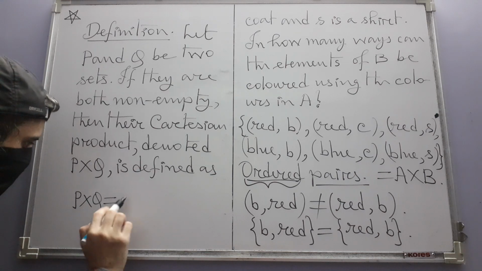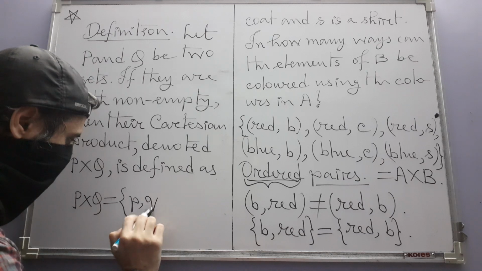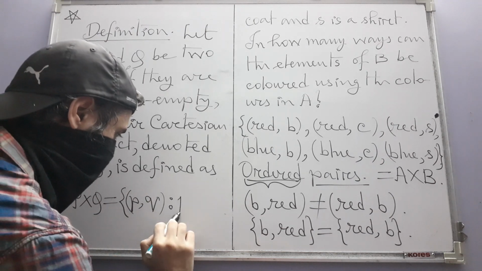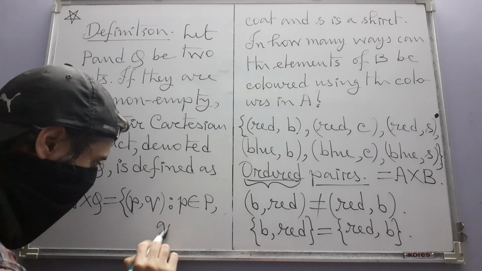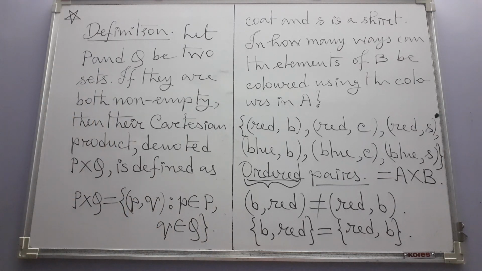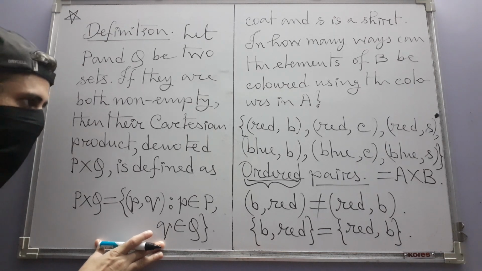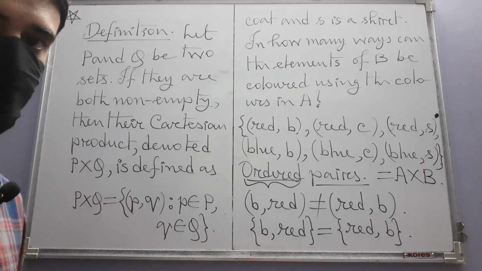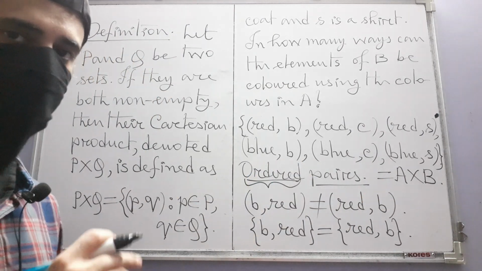P times Q is the set of all ordered pairs (p, q) such that p is an element in P and q is an element in Q. If you look at this definition and try to see how it is the same as this, you can understand why they are actually the same.